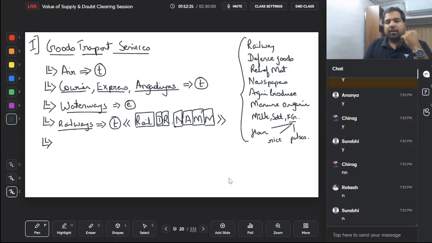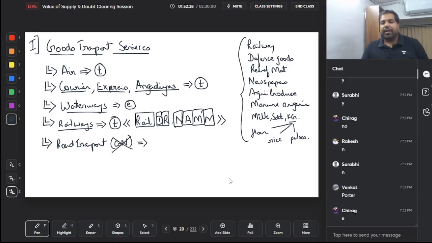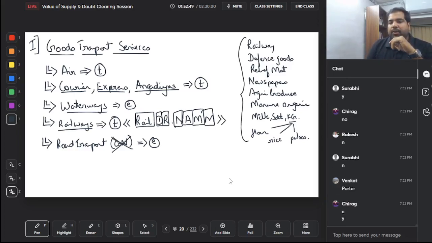So these tempos or these goods transport, road transport, which are not GTA, that means they don't issue a consignment note. These are exempt. Example, guys, some books are printed in my printer's place and I need to get them to my office. Guys, can I get them through a small tempo? Yes. Will he issue a consignment note to me? No, guys. So this one is exempt.